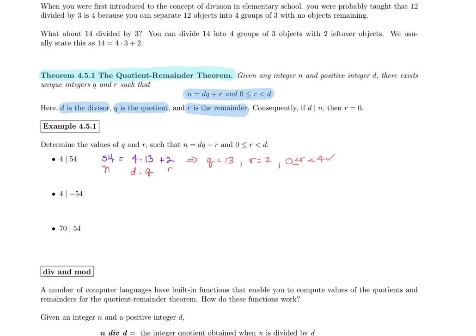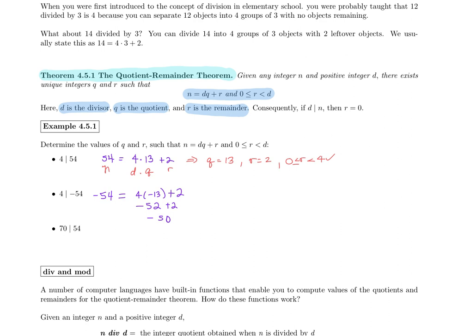Let's try one more. How about 4 dividing negative 54? Well, let's see if we do 4 times negative 13 and add 2. Let's just try that. Well, 4 times negative 13 would be negative 52, plus 2. Okay, that's not going to work. That's negative 50. Now we're off by 4.